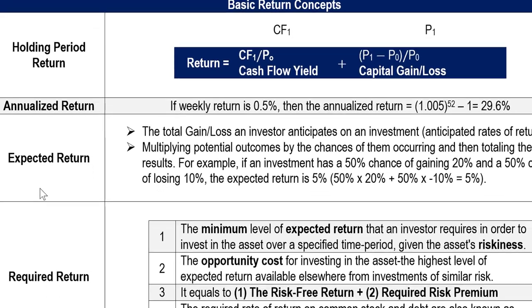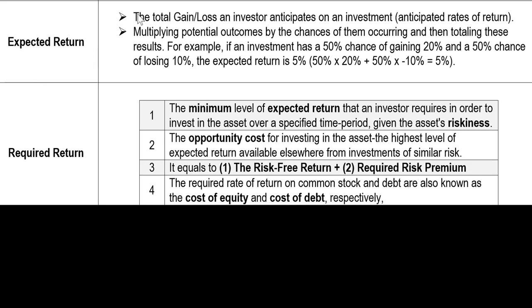The second concept of return is expected return. So what is expected return? Expected return by definition is the total gain and loss, in terms of percentage, that an investor anticipates on an investment. So it is the anticipated rate of return. Anticipate means you hope you will get. So it involves some kind of probability.